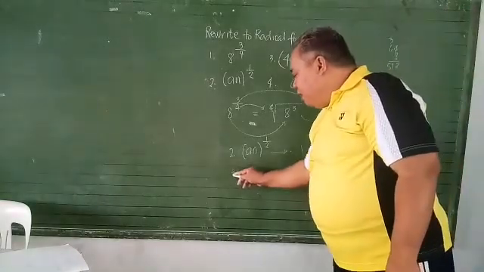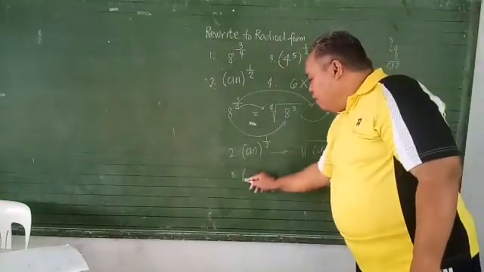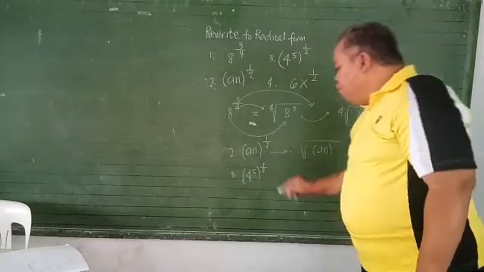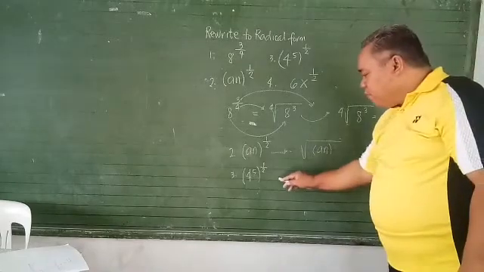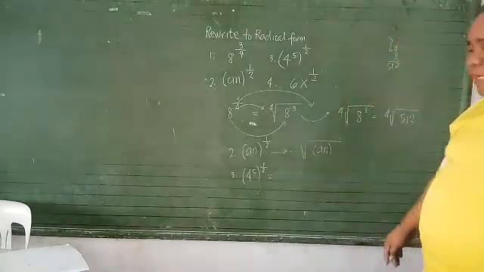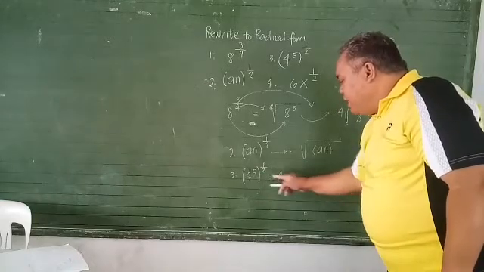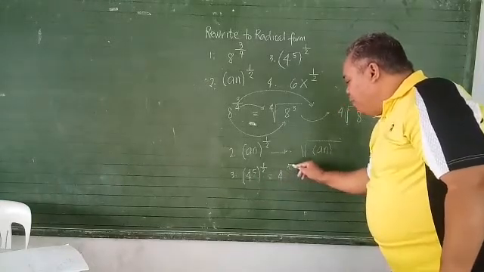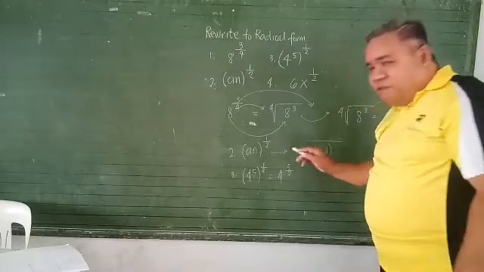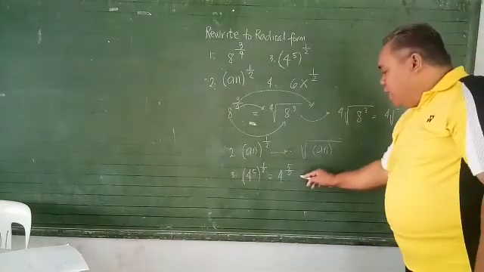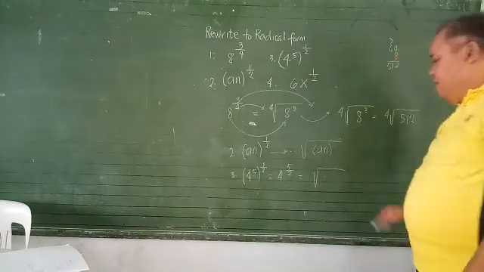What about number 3? In number 3, we have quantity 4 to the 5th, then raised to 1 half. Again, to avoid confusion, first multiply 5 by 1 half. So it will be 5 over 2. The transformed form now is 4 to the exponent of 5 over 2. Again, create a radical sign.